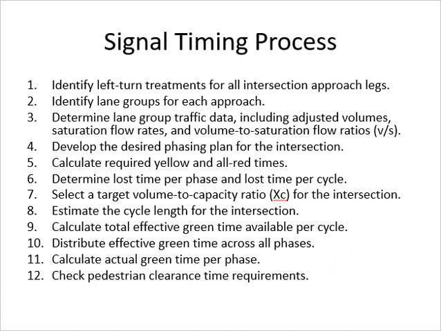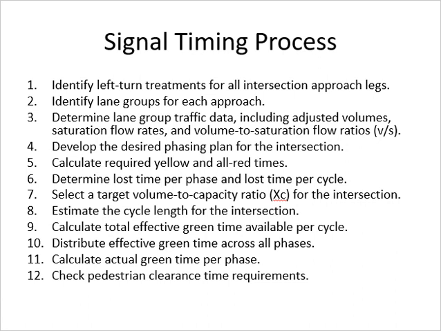So, the signal timing process. The process to calculate signal timing follows 12 steps. The first step is to identify the left turning movements for all intersection legs and their treatment. So how many left turning movements you have, and what type of treatment do you want for them. Then we identify the lane groups.